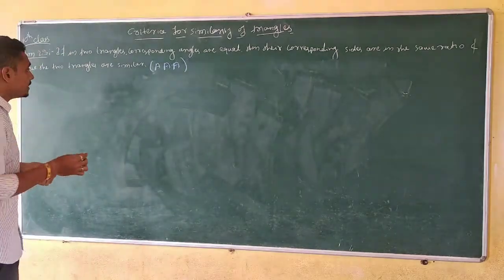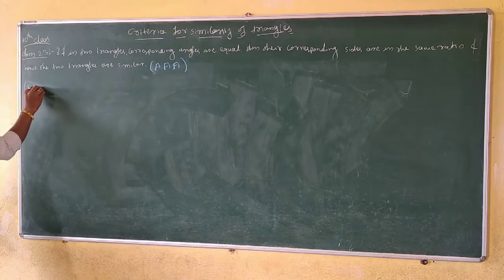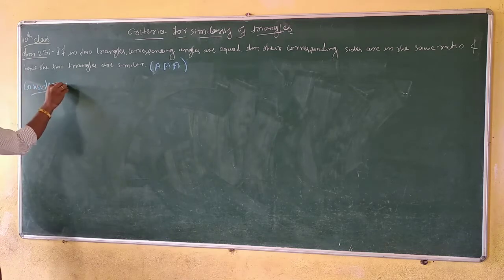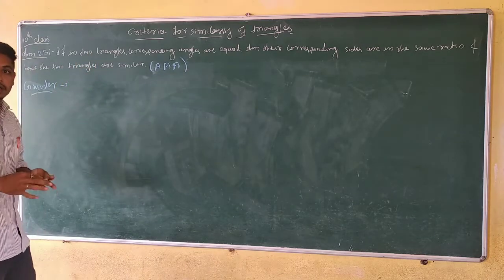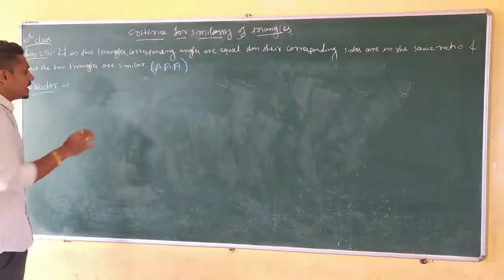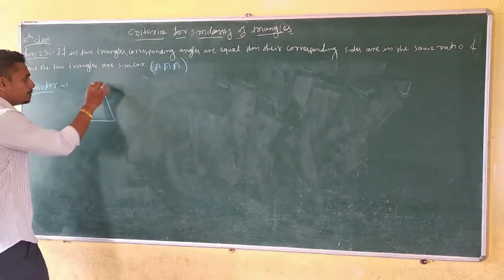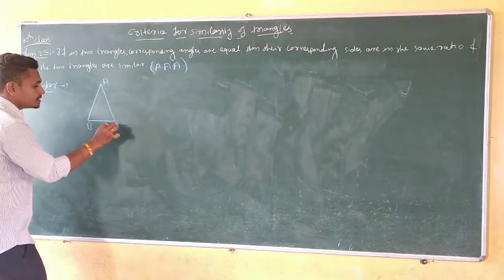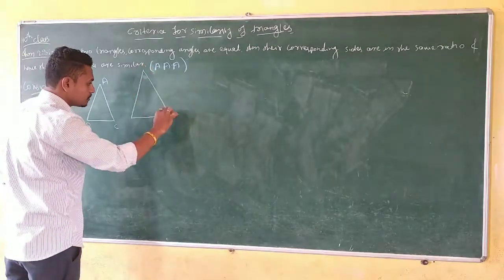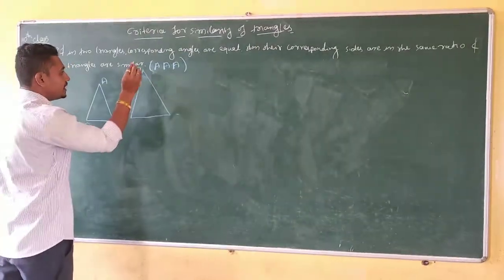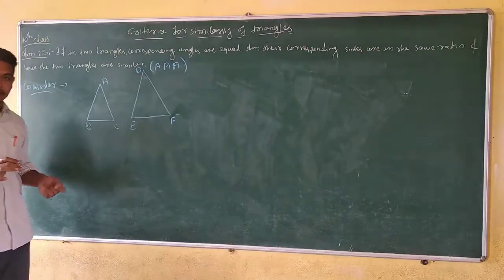So next, see here. First we take two triangles, any two triangles. Now I take this triangle ABC and this triangle DEF.